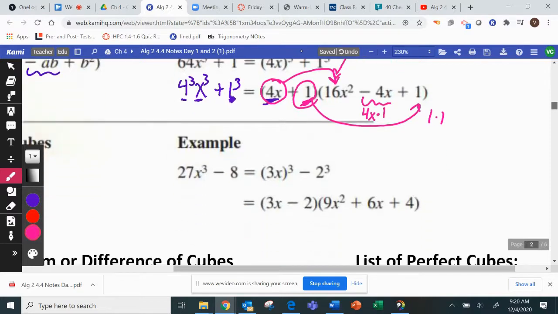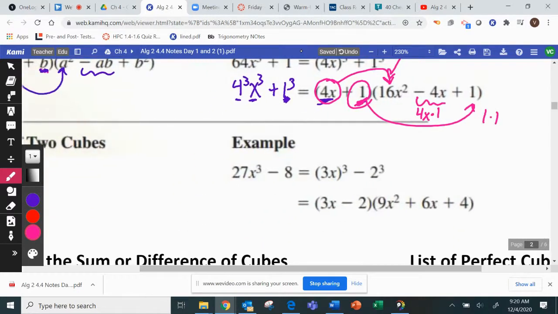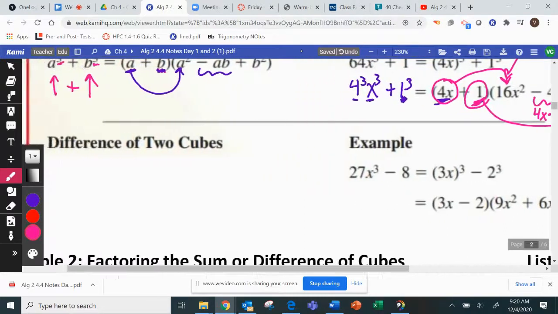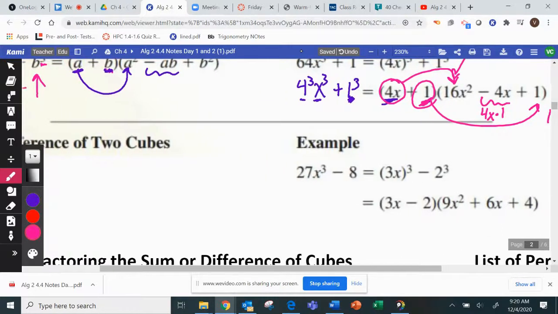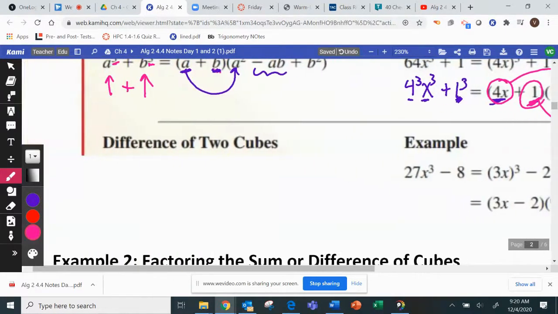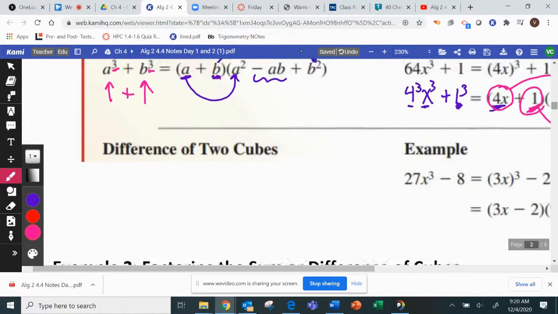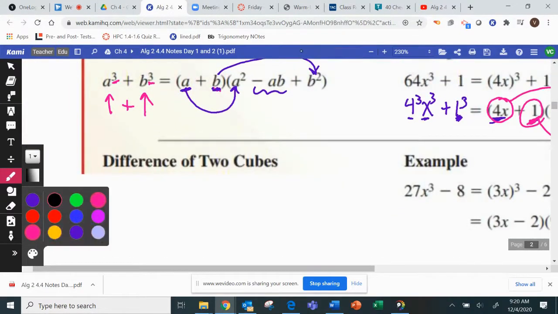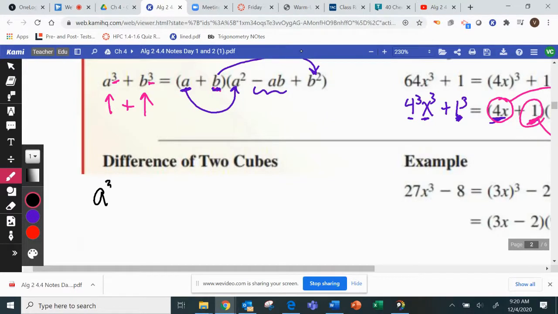So now the difference of cubes works almost exactly the same. I'm going to do the formula for the difference of cubes. I'm going to go off of the sum formula. So the difference of cubes would be a cubed minus b cubed. Now, the difference of cubes, you just change it into a sum. Here we go.